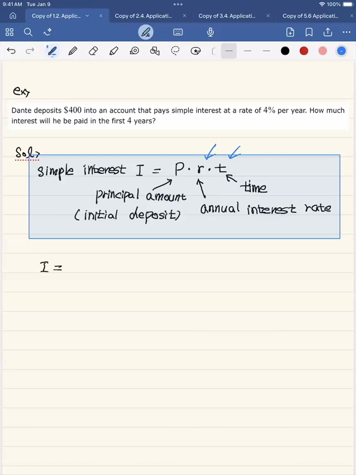So we multiply the principal amount, which is $400, times the interest rate of 4%, which is 0.04, times t, which is 4. So that is $64.